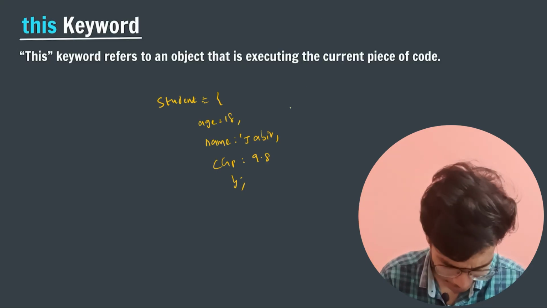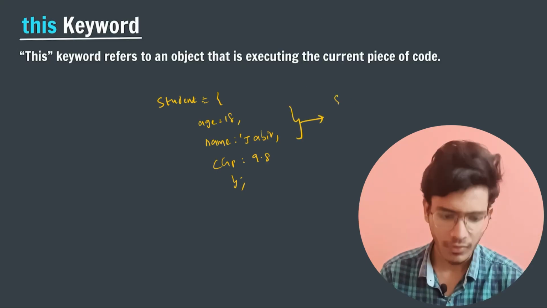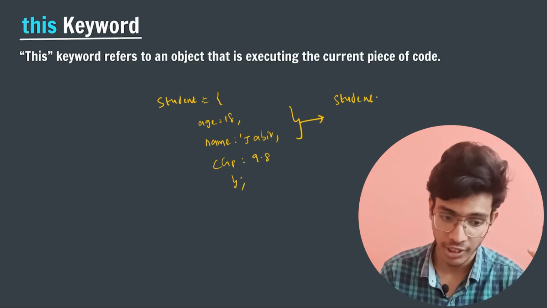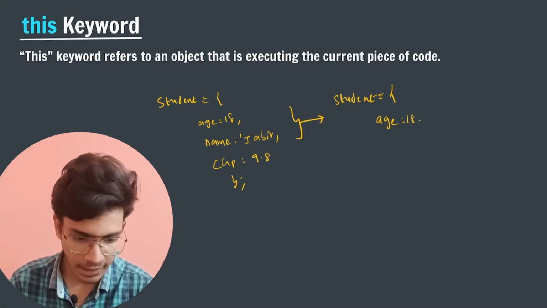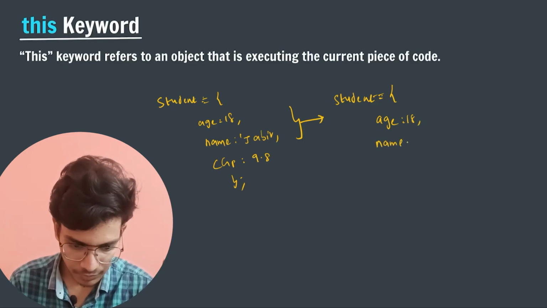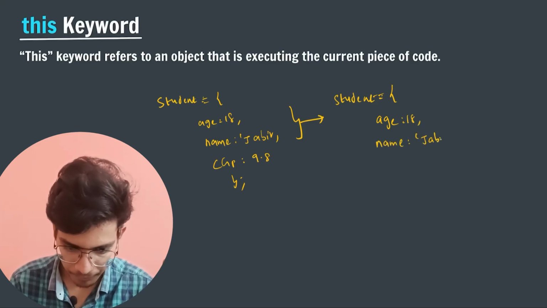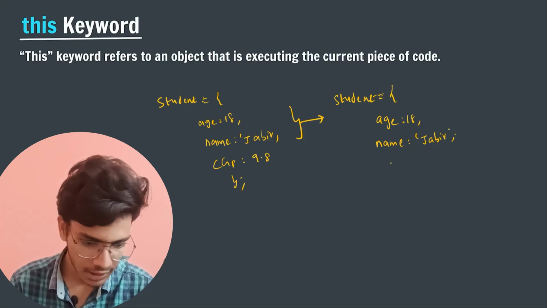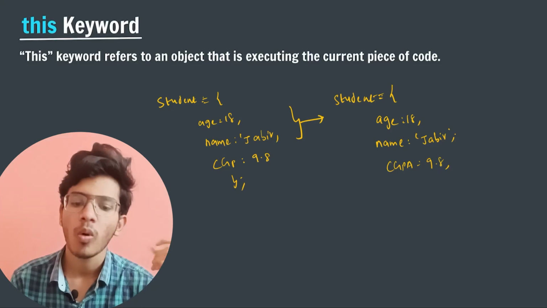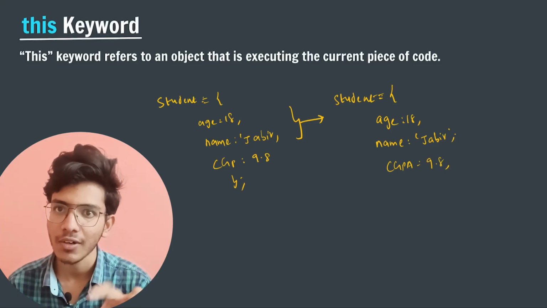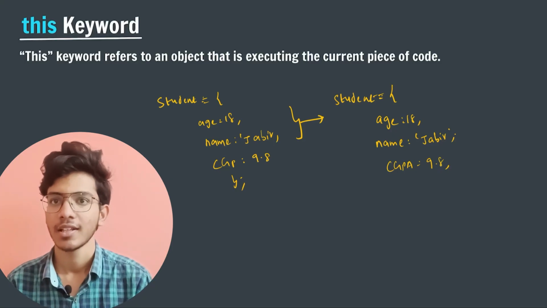So what I'm going to do is create a function. I'm going to modify this object, student, which has age 18, name Jabir, and CGPA 9.8. Now I want to create a function inside this object.